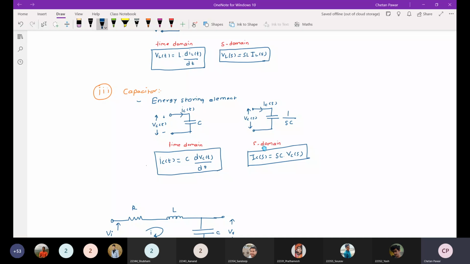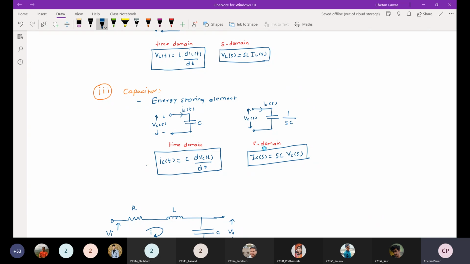This is the S domain representation of the capacitor. You just need to replace that C with 1 by SC. Like this you can represent these three elements in the S domain.